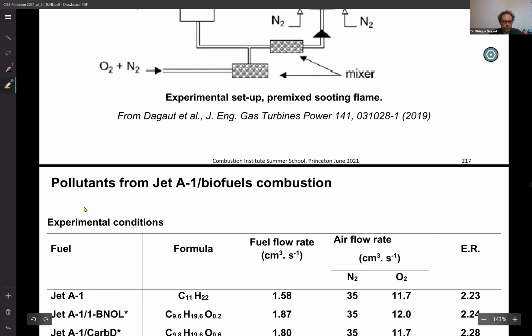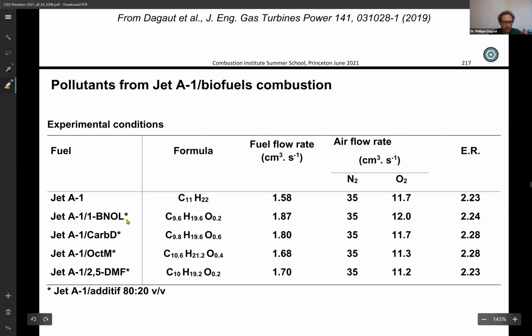So we use these three additives that we considered before: diethyl carbonate, normal butanol, methyl octanoate, and 2,5-dimethylfuran.